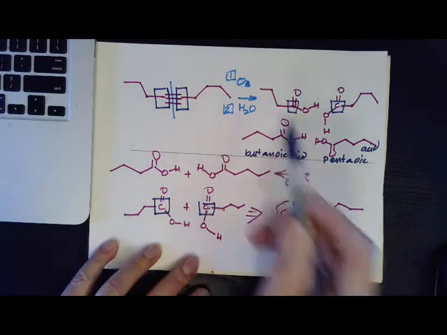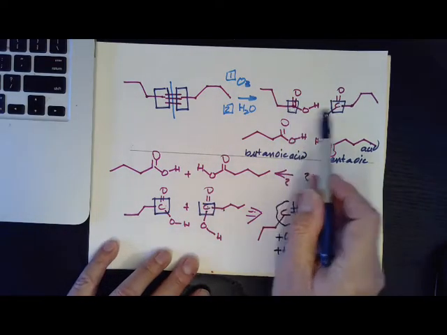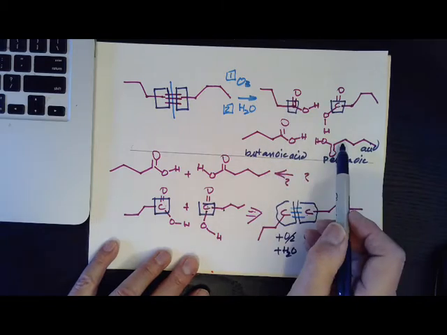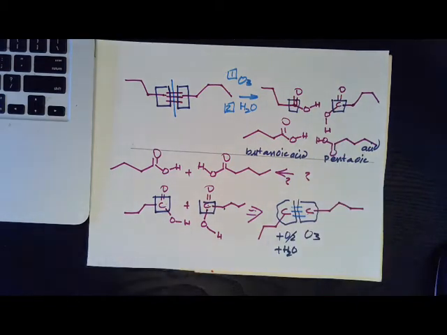Ozone and water here, so we make these 2 carboxylic acids. So we're going backward. The key to going backward, both for alkynes and alkenes, is to put the C double bond O next to each other, and those 2 carbons are the 2 carbons that were the triple bond.